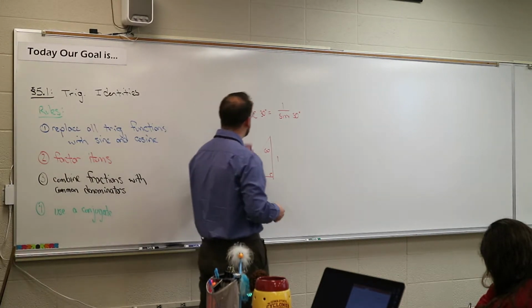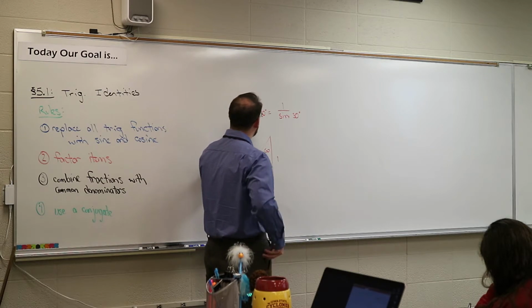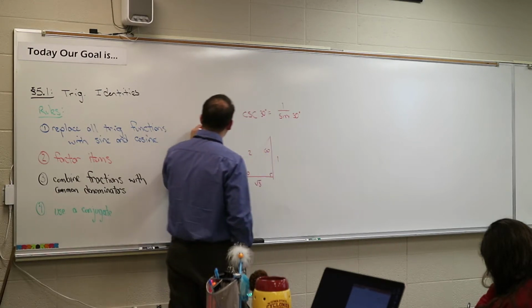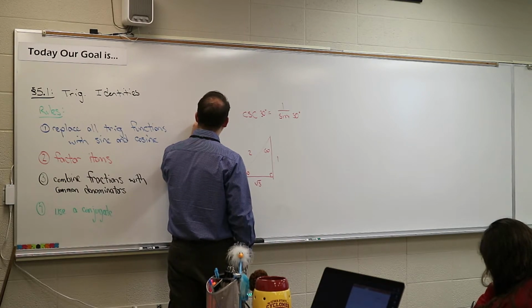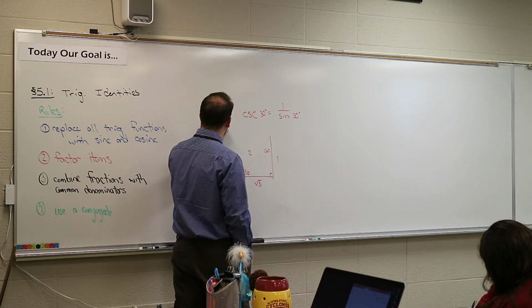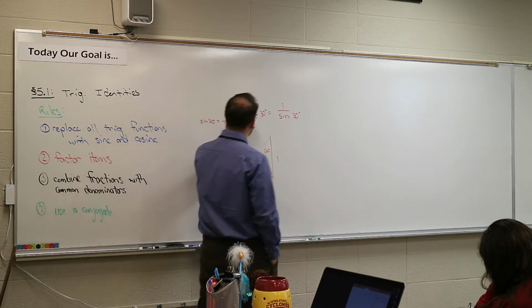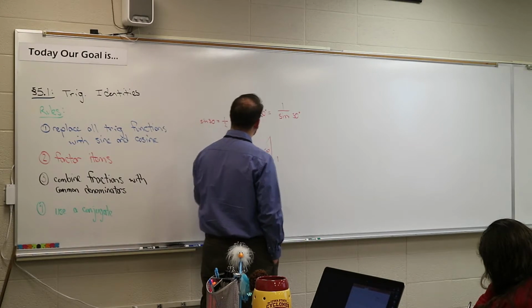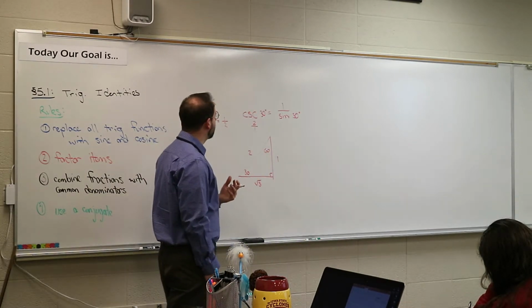So how we could do this. I want to show you that it is the same answer. Cosecant is the reciprocal of sine. So if we find the sine's answer, sine of 30, which is opposite over hypotenuse, so sine of 30 is 1/2. So the reciprocal of it is 2 over 1. So that's what this cosecant of 30 is.